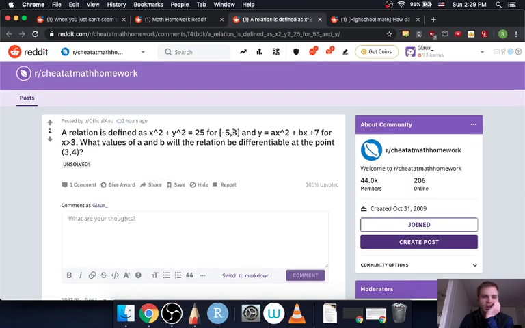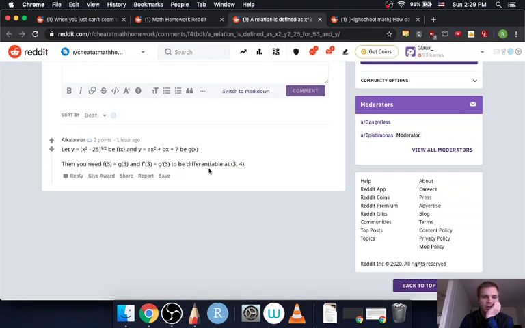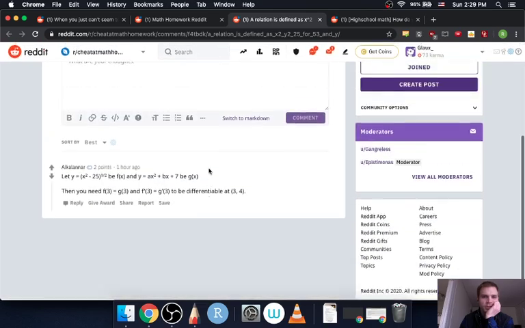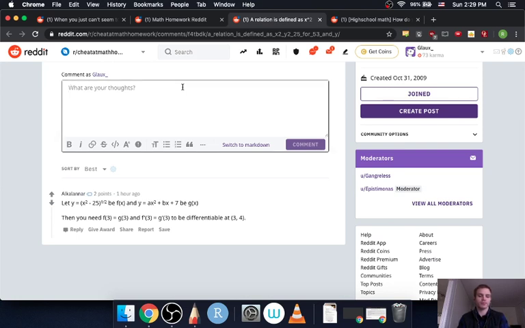So this is a relation. So there are actually two y values here, so you could use either. I wonder if this helped. All right, I guess I could do this one. Let's do this one.